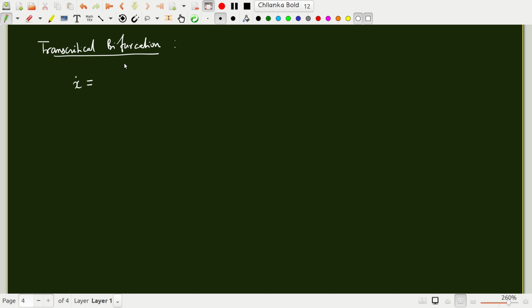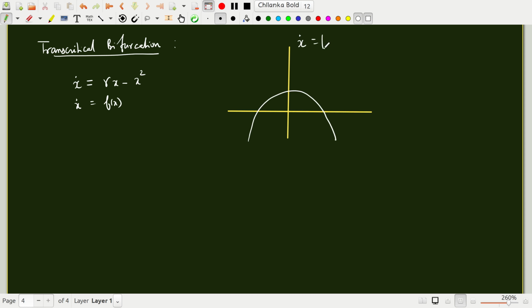The normal form for transcritical bifurcation is R x minus x squared. So again we'll plot f of x. I am plotting x dot, which is f of x, as a function of x. This is r less than 0.